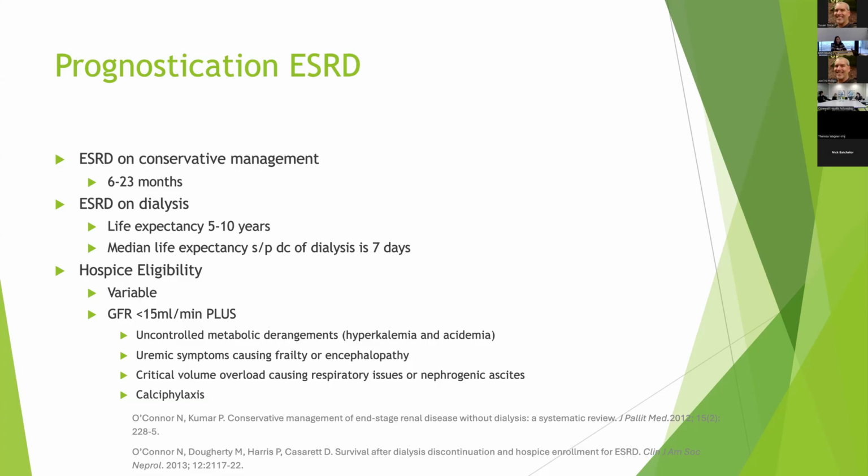And I thought of this, and there are not very many people who have a GFR less than 15 and don't have one of those. So I think it would be more rare to have somebody with a GFR under 15 who does not qualify.